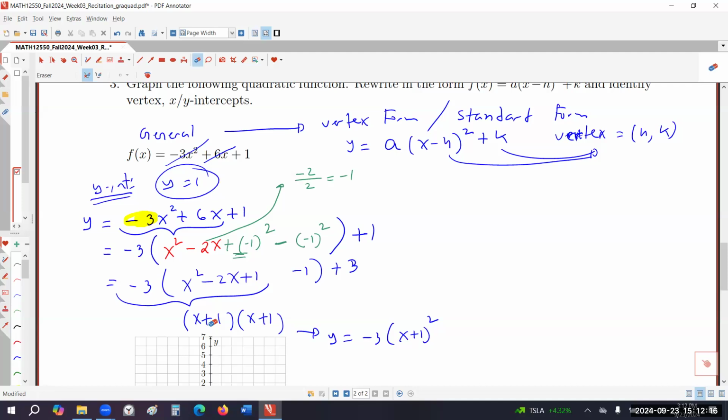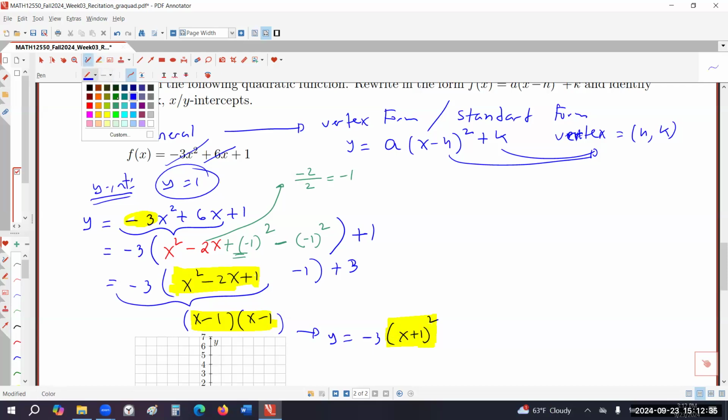So this is negative, this is negative, this is negative. So these convert into this, which converts into a perfect square. So we completed our perfect square, but we are not done.